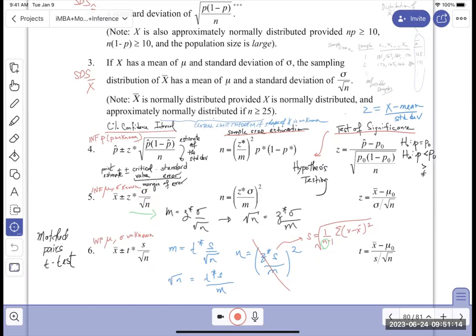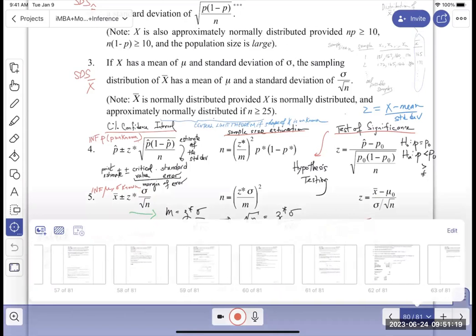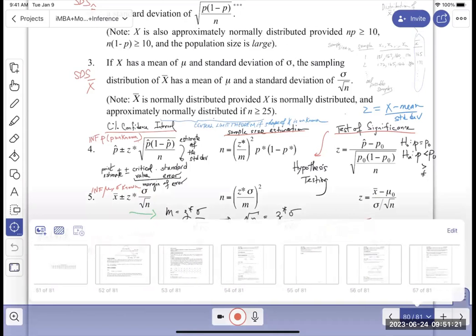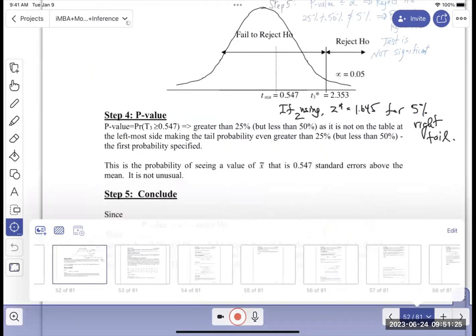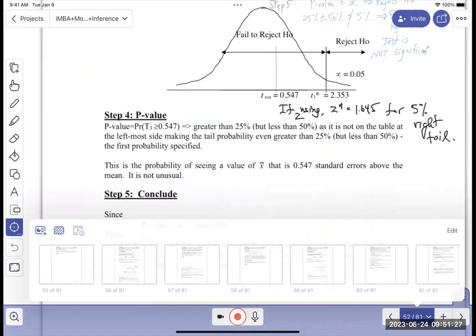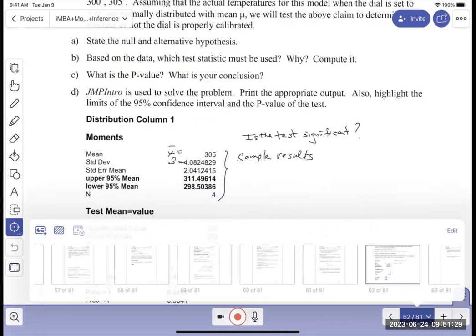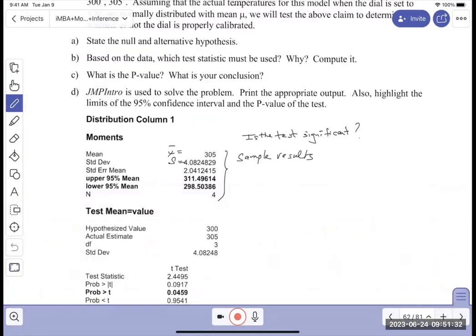So that's the standard error, S divided by square root N.